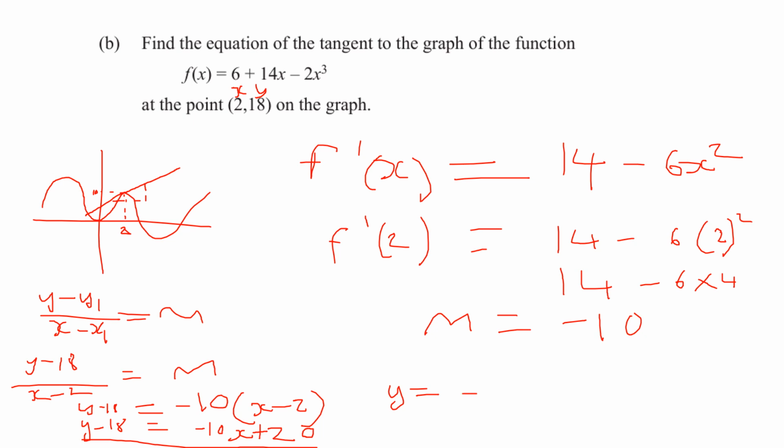So it just becomes y equals minus 10x plus 38. Simple. This is our solution. And that is what we do for number 1b. So let's move on to number 1c.